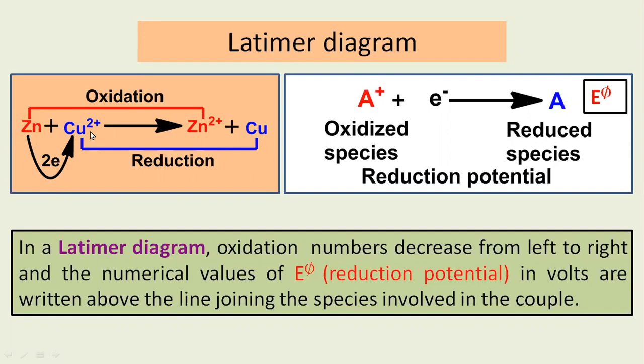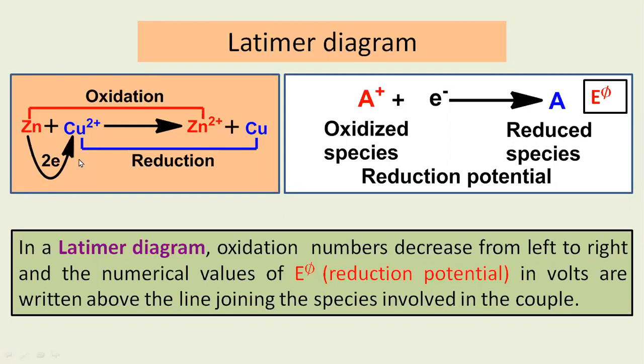Copper was in the 2 plus oxidation state and is changing to copper 0, and zinc initially is in the 0 oxidation state and finally is zinc 2 plus. So a redox reaction is nothing but a reaction where you have a transfer of electrons.